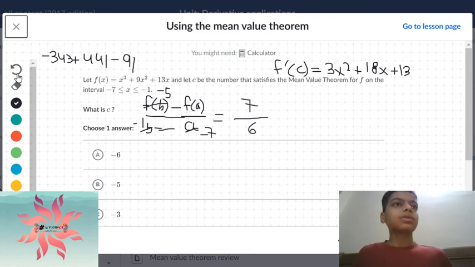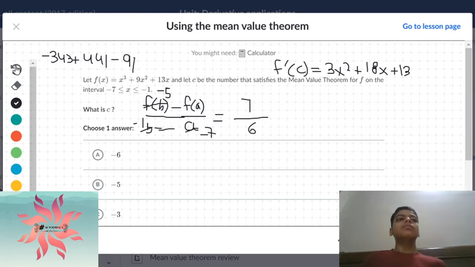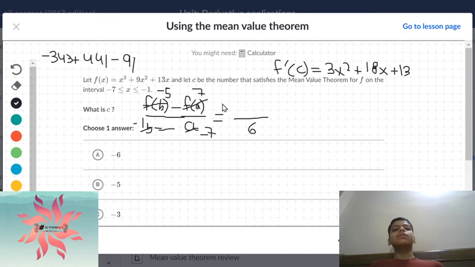So negative 5 minus 7 is negative 12. And b minus a is negative 1 minus negative 7, which is 6. Cancel this out. We get negative 2.